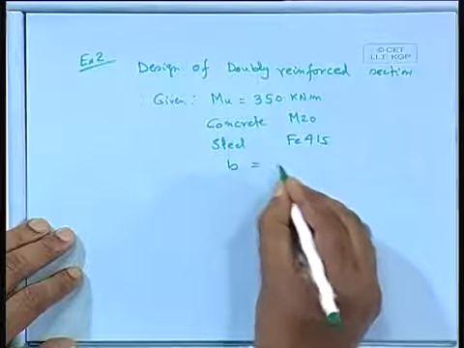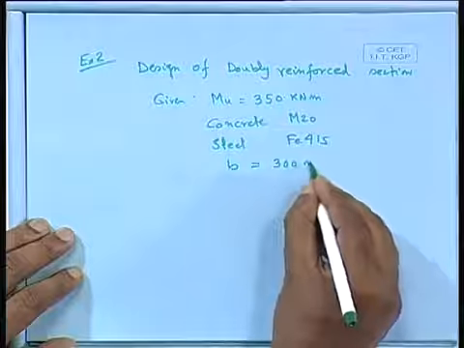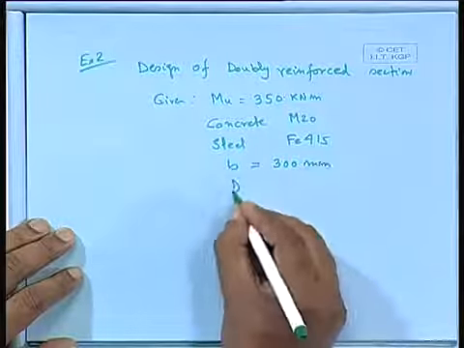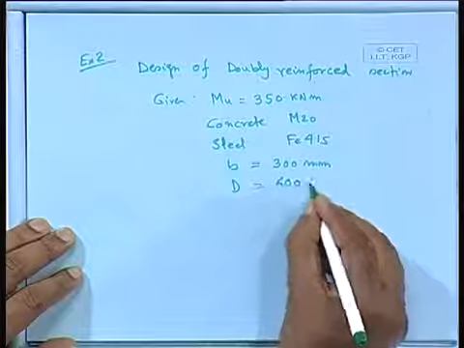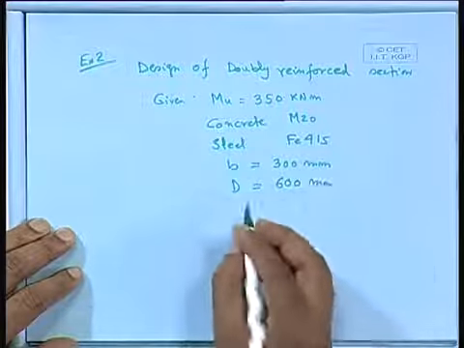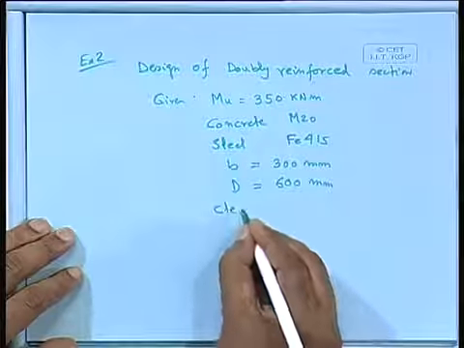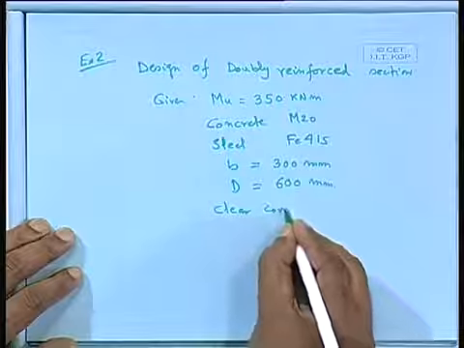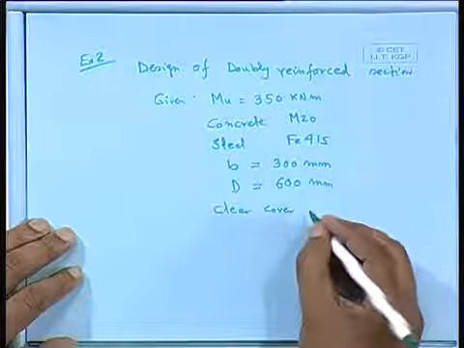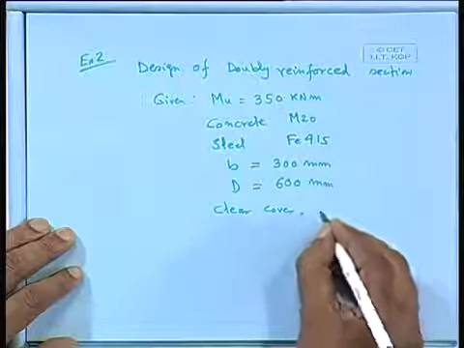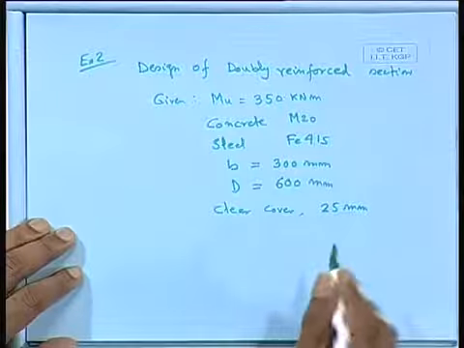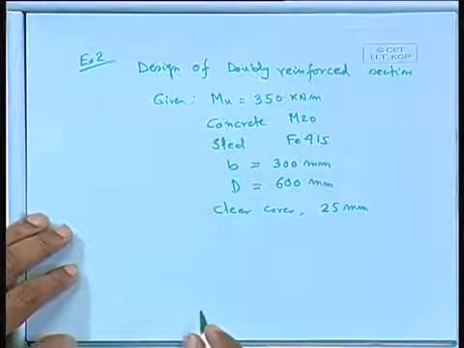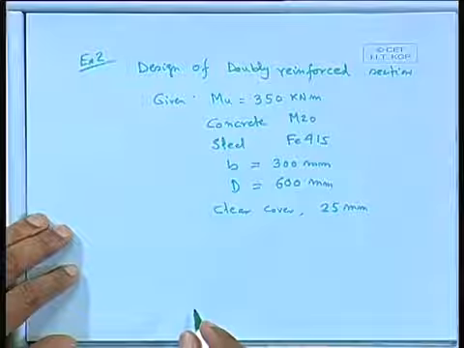B, width of the beam, 300 millimeter, capital D, overall depth 600 millimeter, clear cover 25 millimeter. Let us assume we shall use 25 millimeter dia bar.